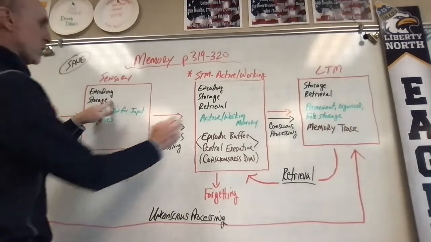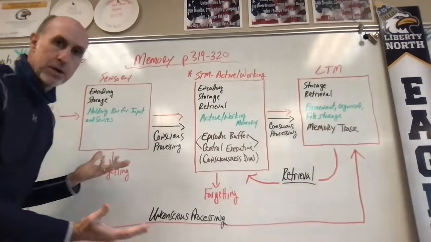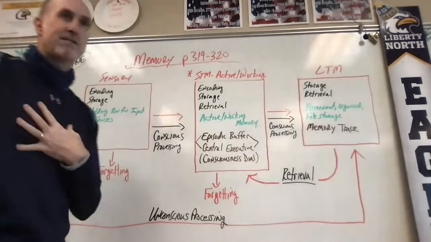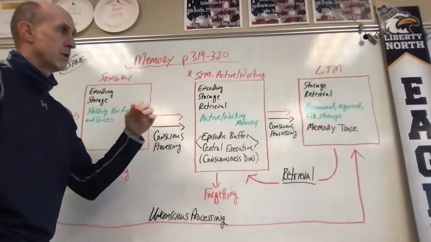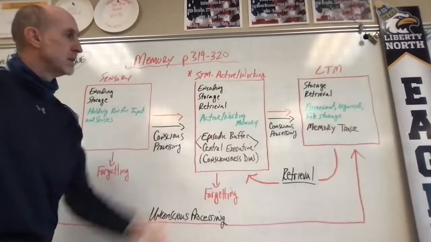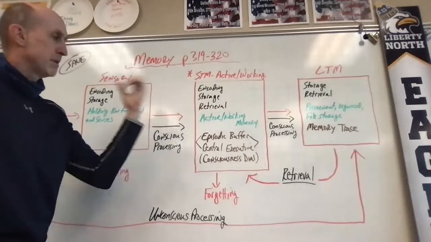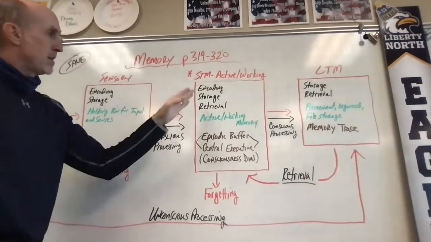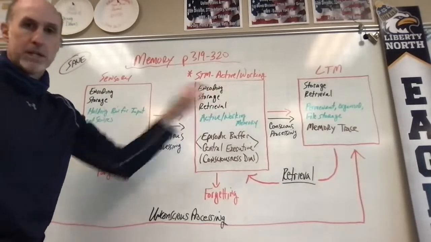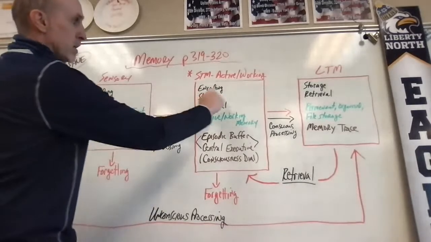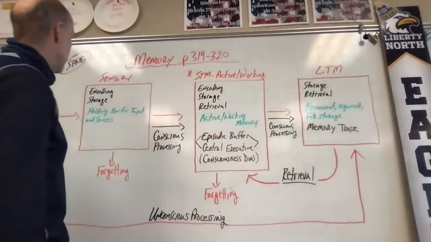I think storage and retrieval are self-explanatory. For me to have a memory, I need to be able to store information, correct? But it does me no good if I can store it but I can't retrieve it. I need to be able to pull it back. Now also, I need to be able to encode. And for encode, I always remember encode is editing, EE.